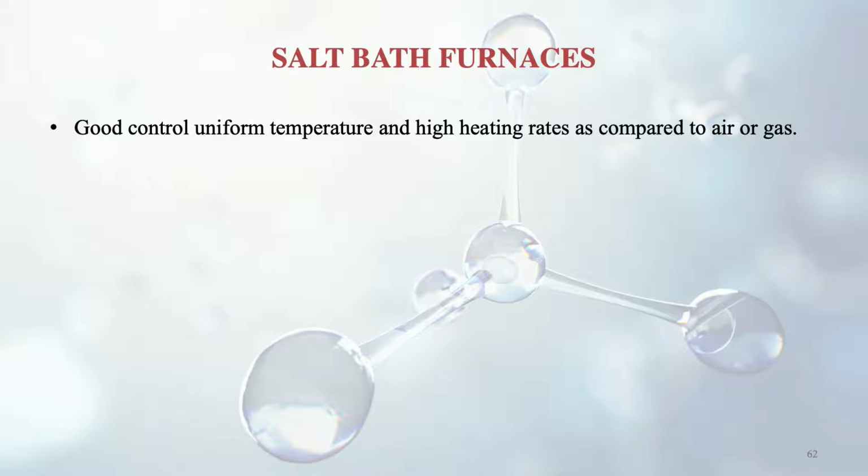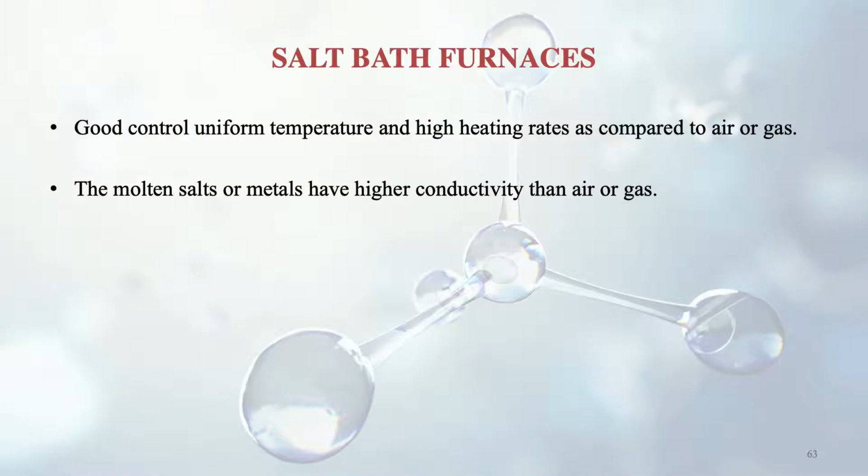Then we discuss the salt bath furnaces. Under this category, good control, uniform temperature and high heating rates are obtained as compared to air or gas in the case of the salt bath. If we were using earlier the air or the gas one, this one is the salt bath one, and it gives us better control over the temperature.